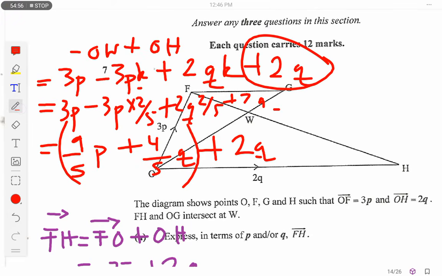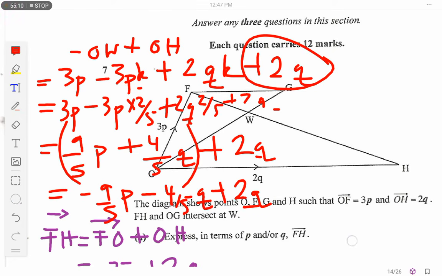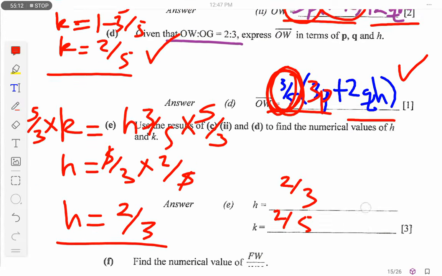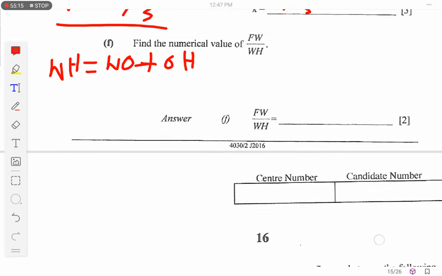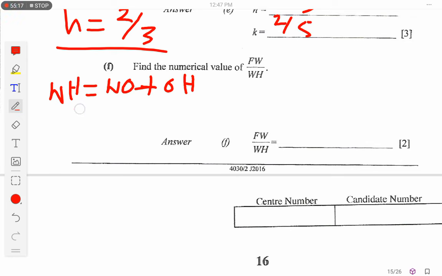Applying the negative sign there, I'll get minus 9 over 5p minus 4 over 5q, then plus a 2q there. That's my negative part there. This whole thing was a positive. Now let's go with our OW there to our question. Okay, so our WH is going to be equal to, if we solve that, minus 9 over 5p plus 6 over 5q.